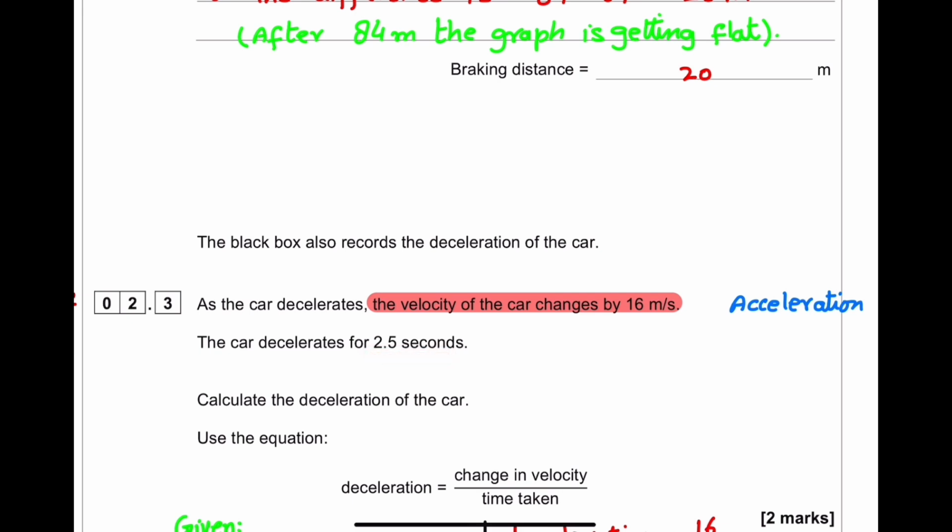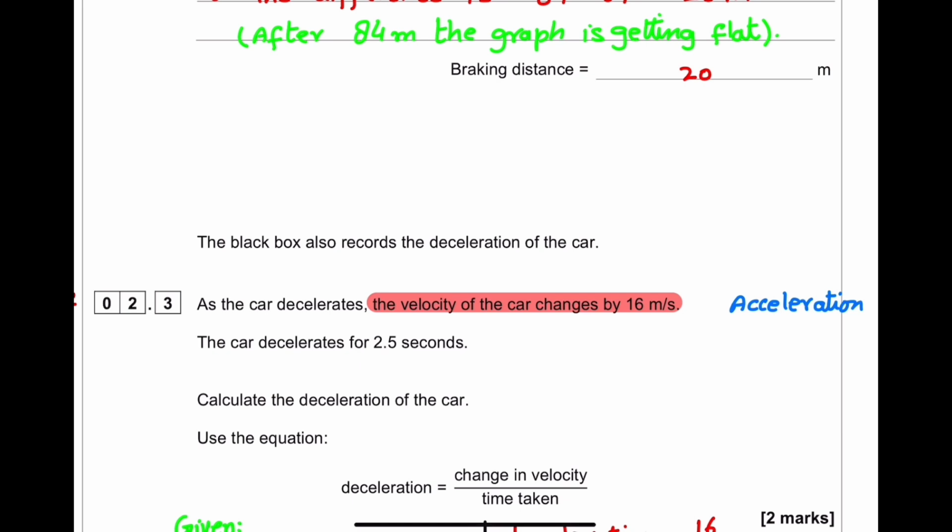Calculate the deceleration of the car, use the equation. Deceleration is change in velocity over time. We have the change in velocity, 16 meters per second, and the time is given here. We will use the equation to find the deceleration of the car.